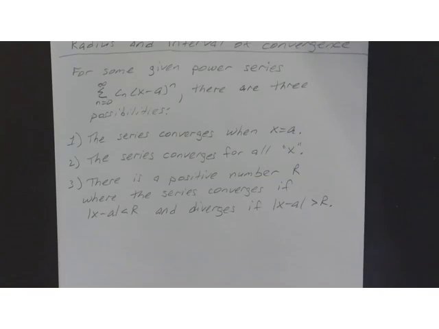It was convergent when the absolute value of x minus 3 was less than 1, and it was divergent if it was greater than 4 or less than 2. Now that value R, that's your radius of convergence.